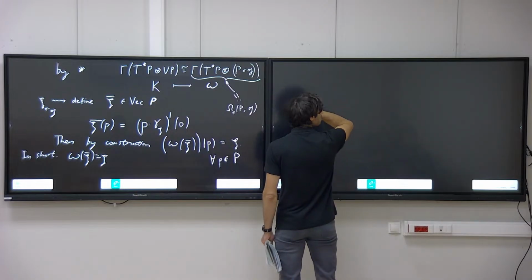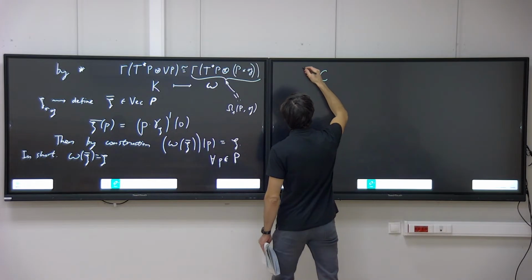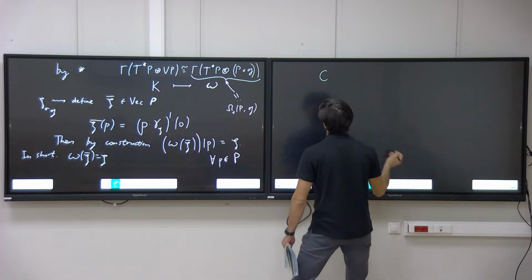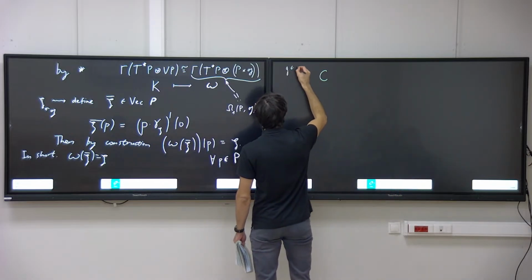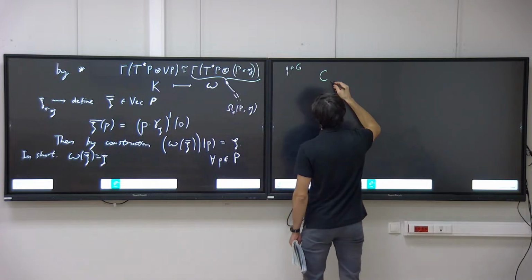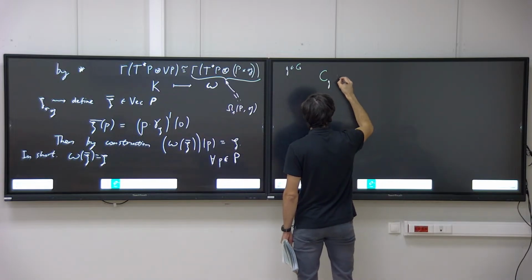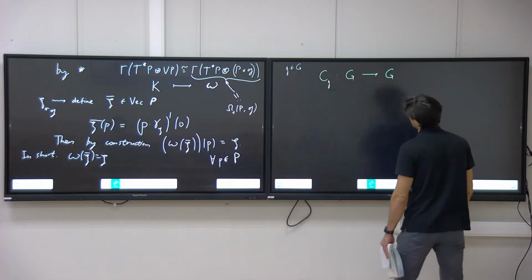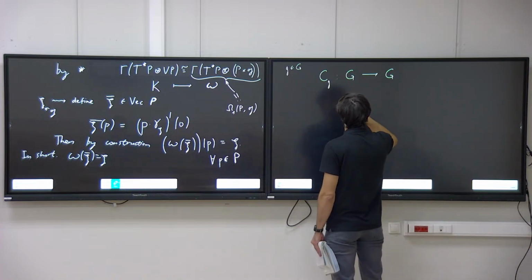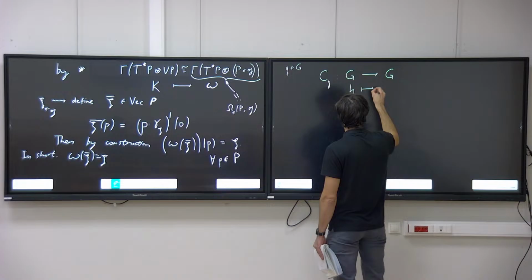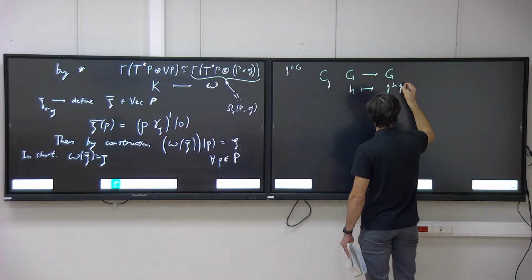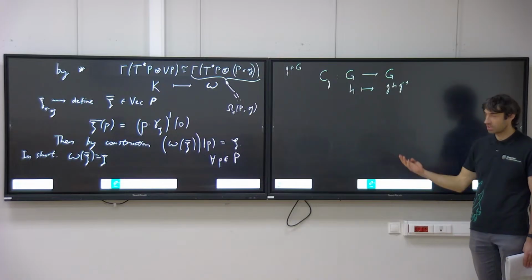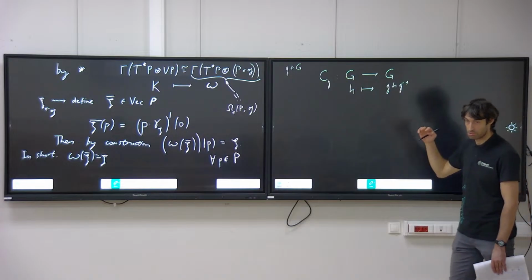If I have some element G of my group, then I have a map C_G from G to G, such that I take H and conjugate it by G. So it's just conjugation. It's a smooth map because G is a Lie group, and inversion and multiplication are smooth.